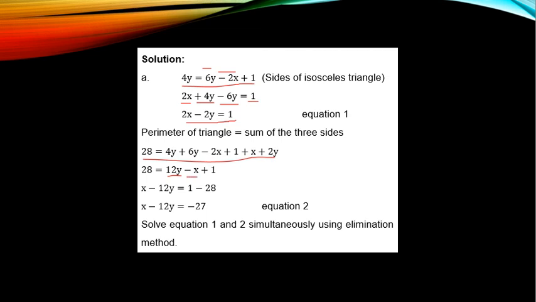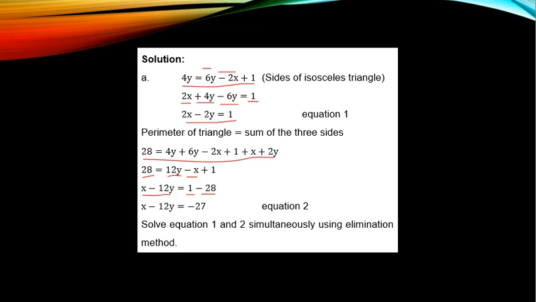So let's transfer the unknown variables to the left and the constant to the right. If you transfer minus s, it becomes plus s. Transfer plus 12y, it becomes minus 12y. Then you have 1 left here. If you transfer 28, it becomes minus 28. So at the end, you have s minus 12y equal to minus 27, equation 2.